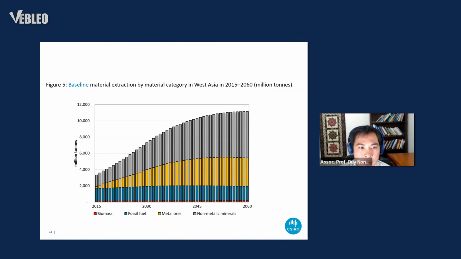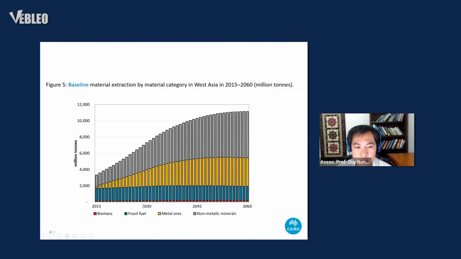Also here, with the baseline, is the result for material extraction by material categories: biomass, fossil fuel, metals, and non-metallic mineral. Non-metallic mineral is related to something like the rock used in the construction sector.